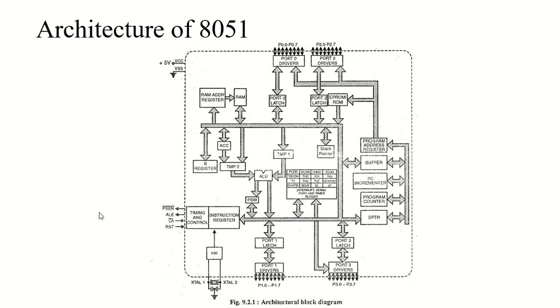Then you can see the program counter on the middle right side here. The program counter performs the same duty as it used to perform in the 8085. If you are following those lectures regularly, we have discussed the program counter there as well. Basically it is a 16-bit register.